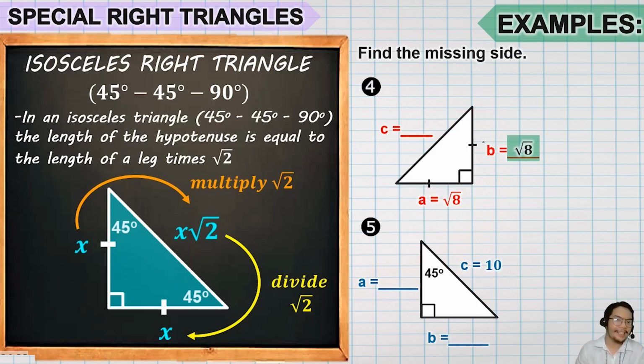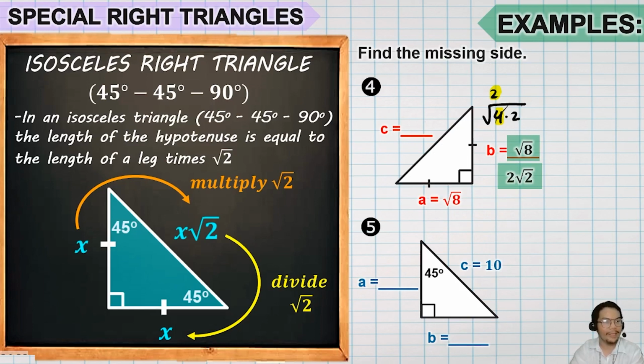Ang dahilan, kasi hindi pa siya nakasimplify. So, you can still simplify square root of 8 into a factor of 4 times 2, or square root of 4 times 2. So, 4 is a perfect square, so we can get the square root of that, equivalent niyan sa 2. So, the simplified form of square root of 8 is gonna be 2 square root of 2. Just in case lang na wala sa choices, kunyari nasa test, di ba? So, simplify mo. Baka kailangan pa i-simplify.